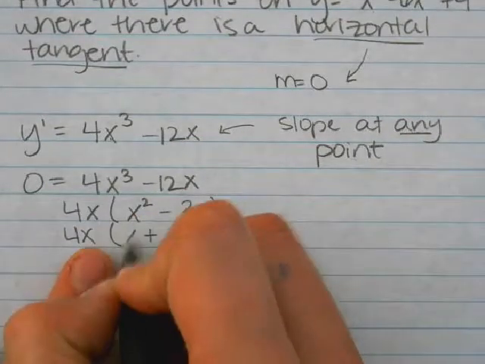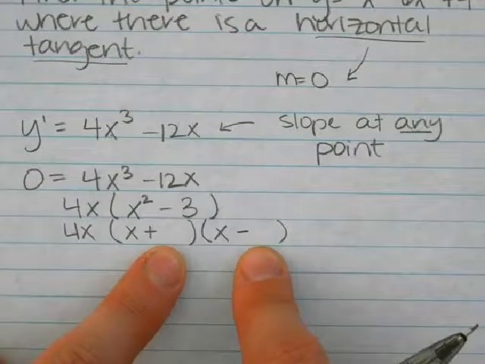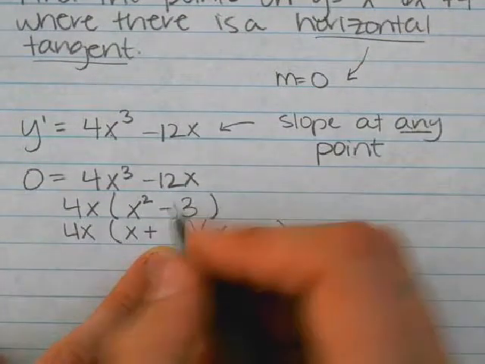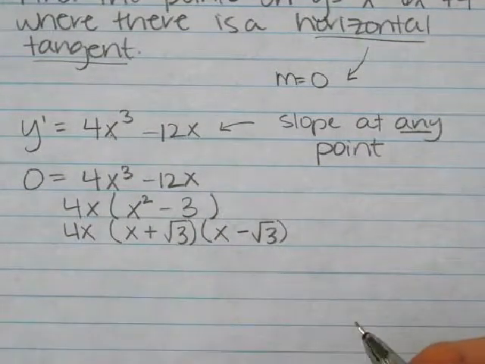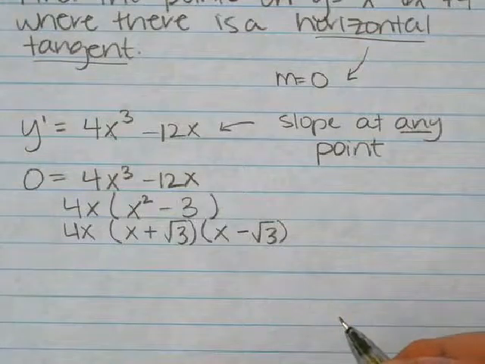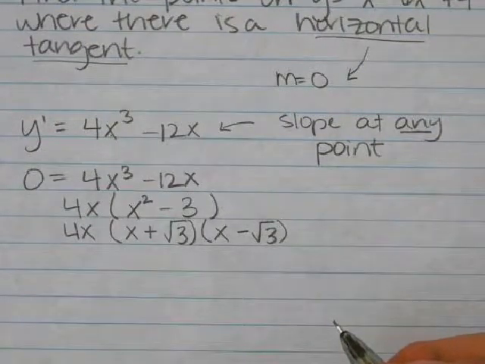X. And then what would you normally do for the second part? You put the square root of that number, right? I'm going to go ahead and put square root 3. Because square root 3 is the square root of 3. Okay. So I still did difference of squares. It's not a perfect square, but I was able to make it work.